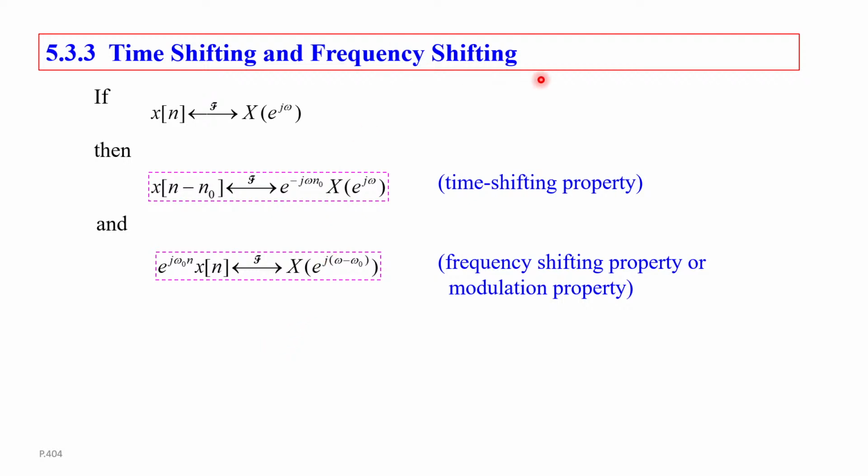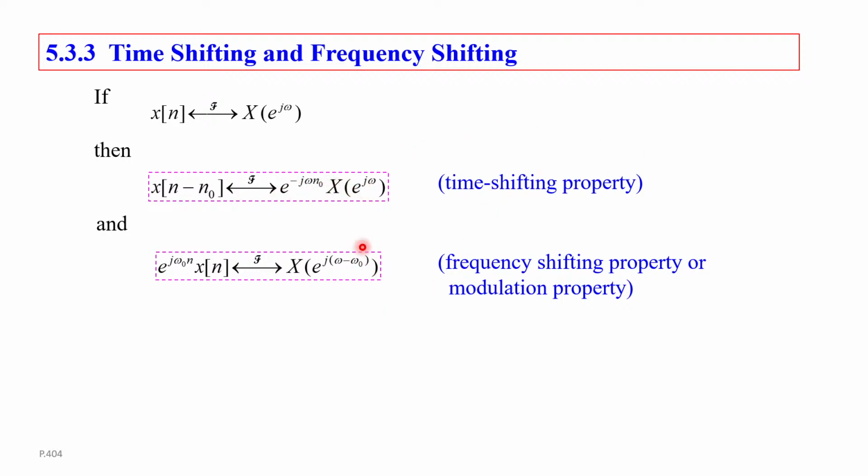And time shifting. This is basically the same as the continuous time case too. So you shift in the time domain, then you get e to the minus j omega n naught, similar to e to the minus j omega t naught.